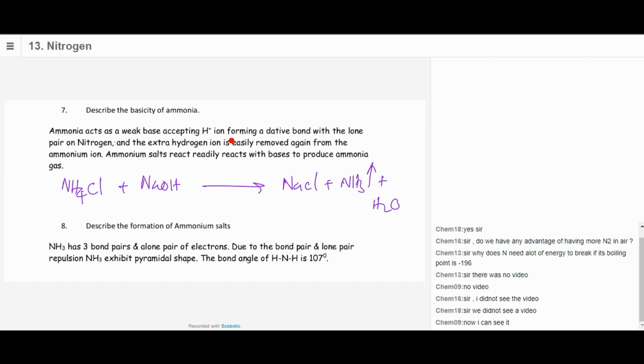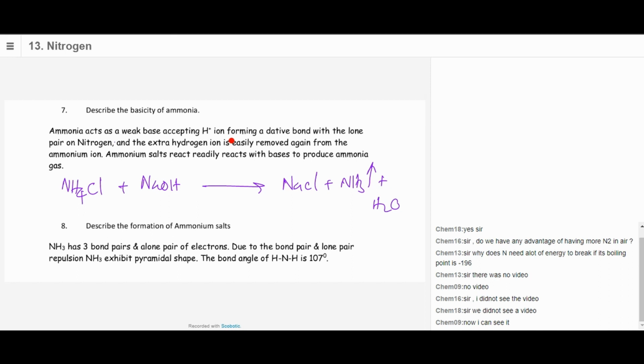But in giant covalent structures like diamond and graphite, you need to break the bonds in order to boil or melt the substance, because they don't exist as molecules, they have giant continuous structures.